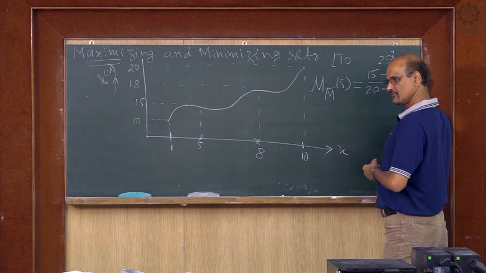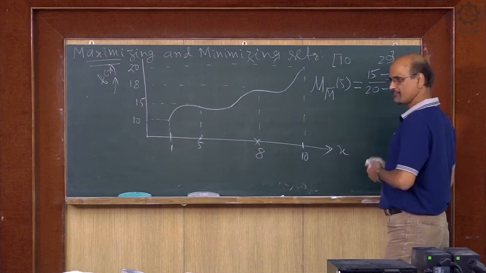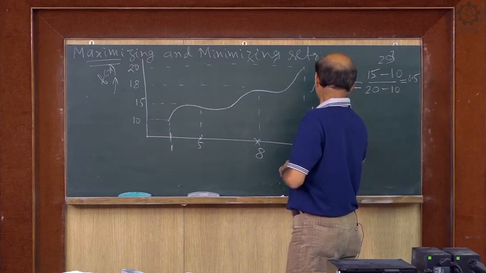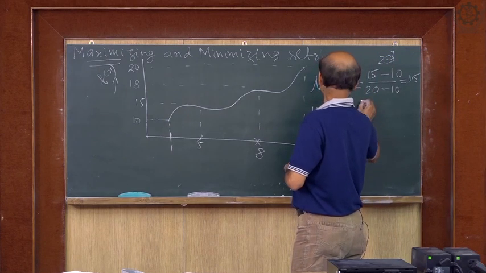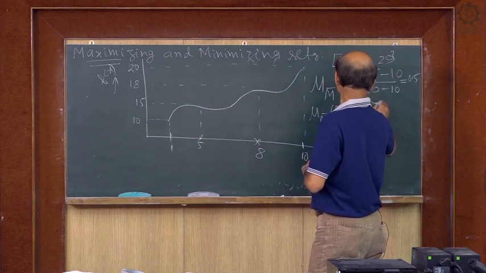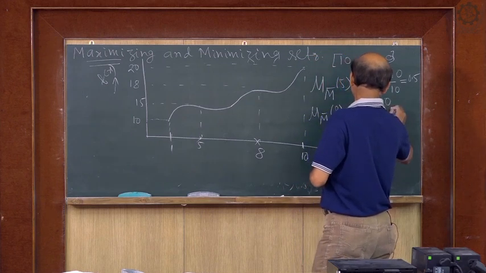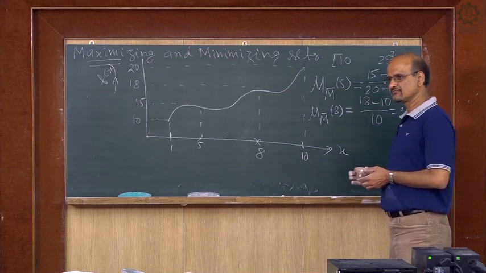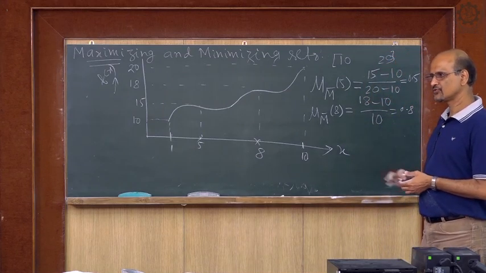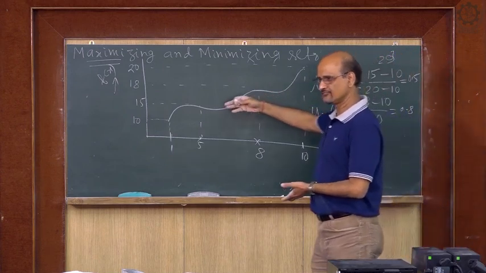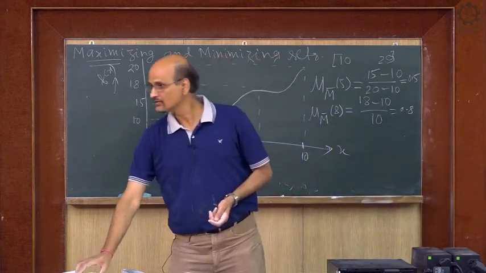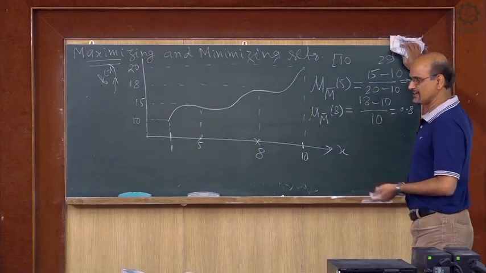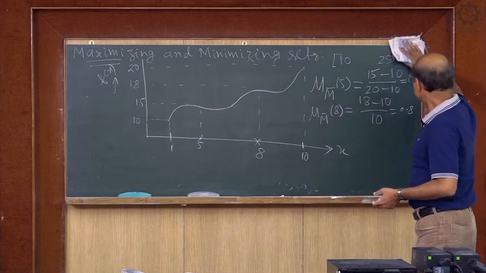Half, that is 0.5. If I want mu m bar 8, what will we have? 18 minus 10 by 10, that means 0.8. So you are understanding how you find? In this way you can find the maximizing, and the same for minimizing, minus of that.